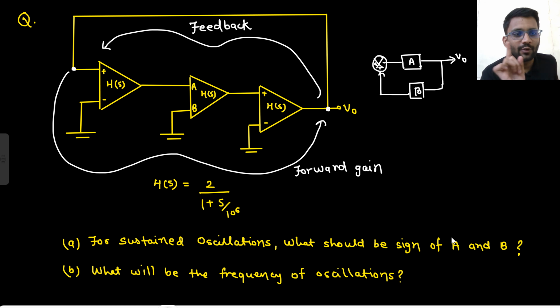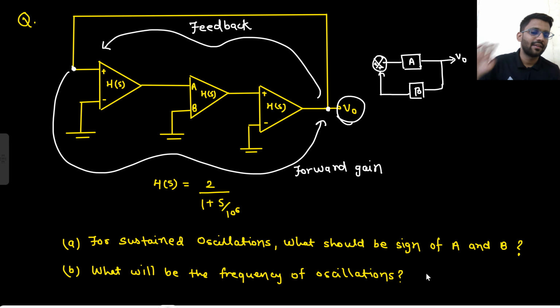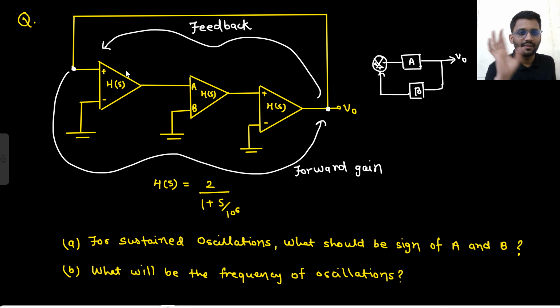So first tell me, what is the value of A? For the value of A, in any particular circuit, you will find one thing. First is the thing from where you are starting your circuit. I am saying that I am starting my circuit from here. So from here to here, I am getting a forward gain, right? And then in this feedback path, there is one gain.